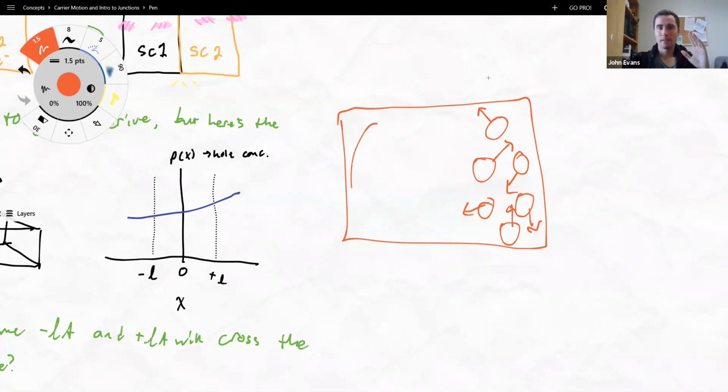But then if you look on this side, none of them are doing anything. And you can see that the mean free time, or the time before scattering, if the electron is going this way, is going to be different than if the electron is going, say, this way. So these electrons can get farther in a similar amount of time. They can get farther before they scatter off of something.